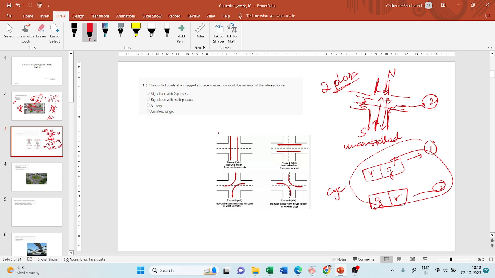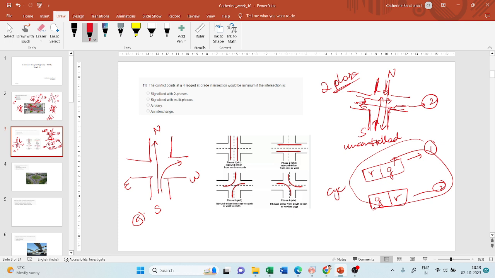So what is a four-phase signal then? In a four-legged intersection, you can have any number of phases. You can have 2, 3, 4, etc. Now if you have a four-phase signal, in the first phase, you can allow vehicles, say let us take this as north, south, east and west, moving in the through direction and the vehicles moving in the right direction.